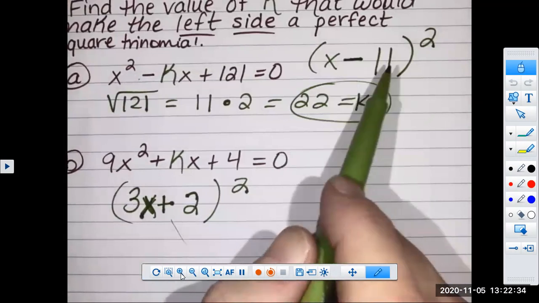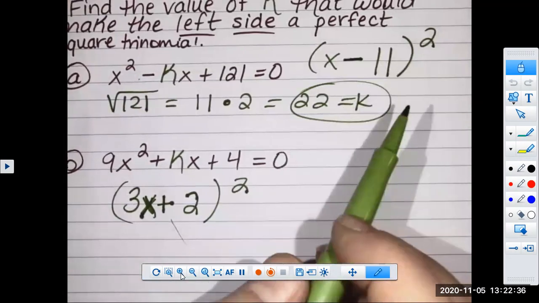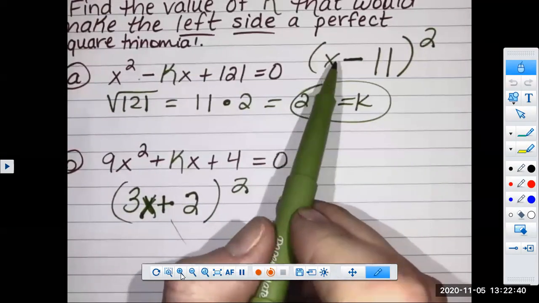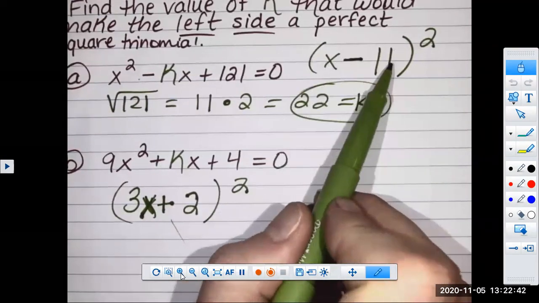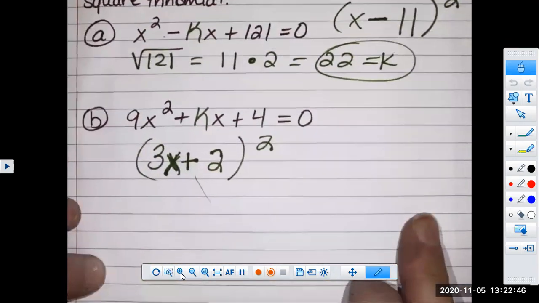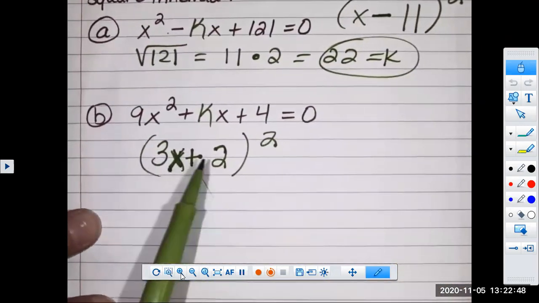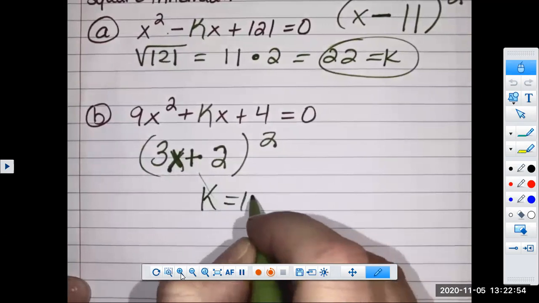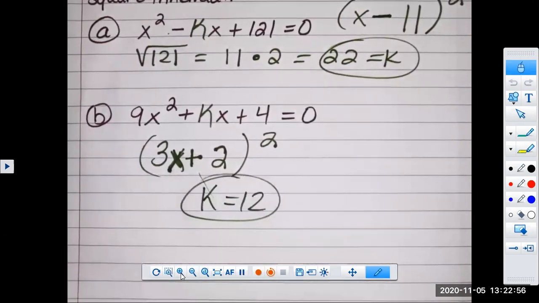How do those two relate? And what was in front of x? So if you say 1 times 11 and then doubled it, you get 22. Okay, what if I multiply 3 and 2 together? What do you get? Of course, double it. K is 12. And that will always work.